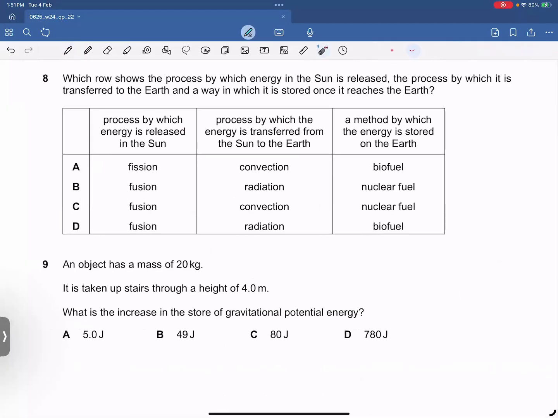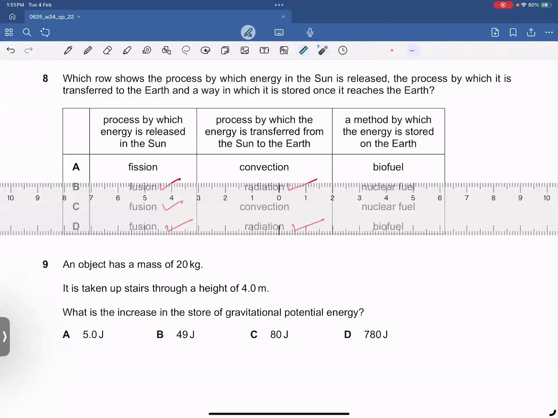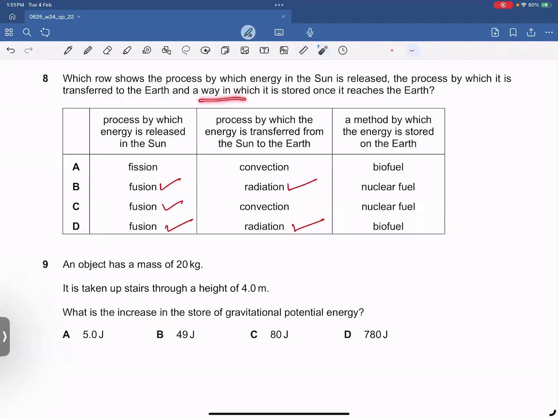Which row shows the process by which energy in the sun is released? We know energy in the sun is released by nuclear fusion. And now they ask by which it is transferred to Earth. From sun to Earth, only radiation. And now they ask the way in which it is stored once it reaches Earth.